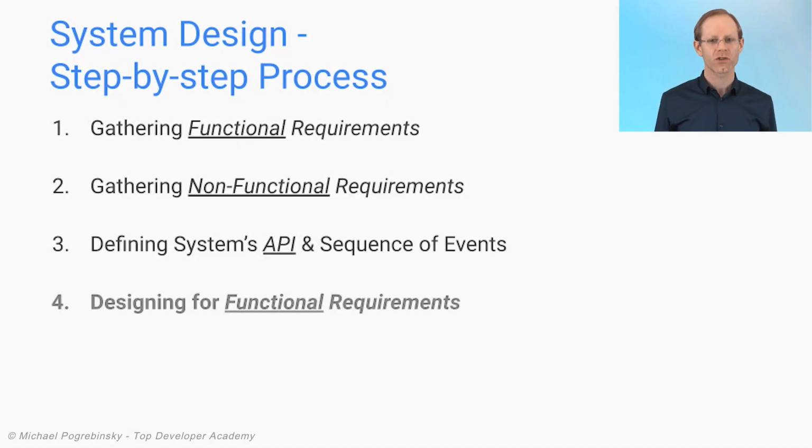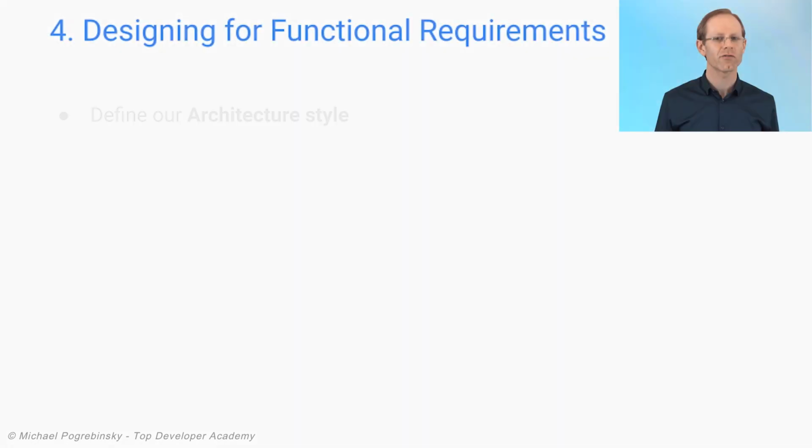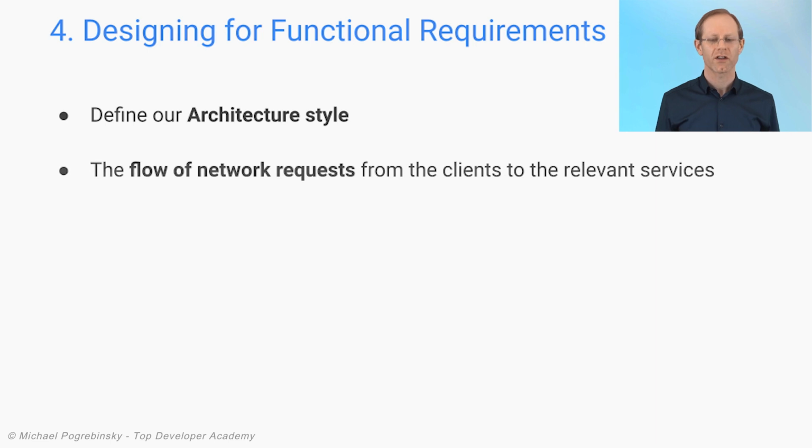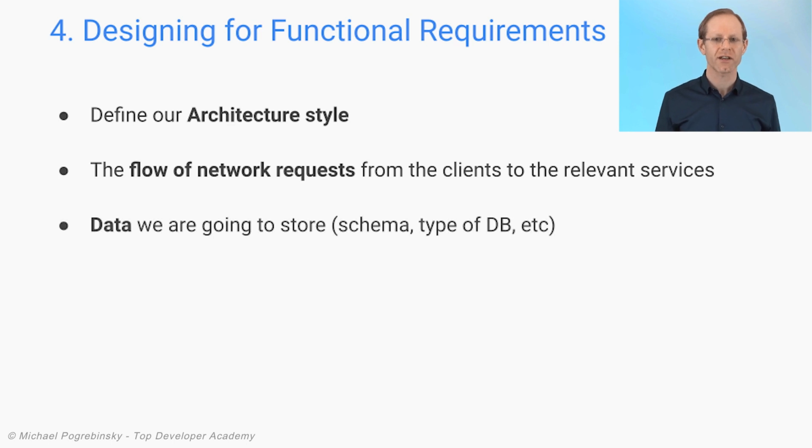The fourth design step is to address our functional requirements and create a software architecture diagram matching our API. This involves defining the architectural style we're going to follow, the flow of network requests from the client to the relevant services, and all the details about what data we're going to store and how we want to store it.